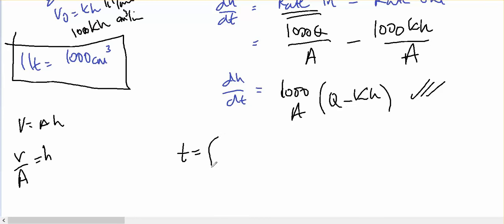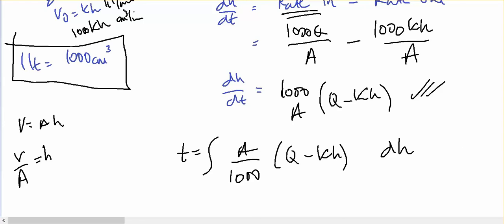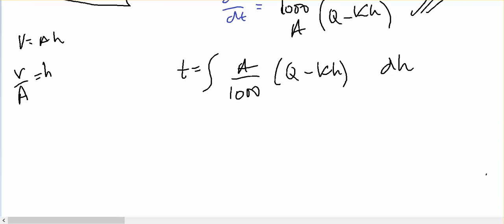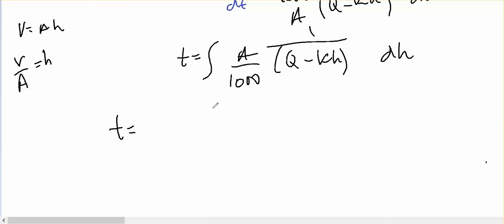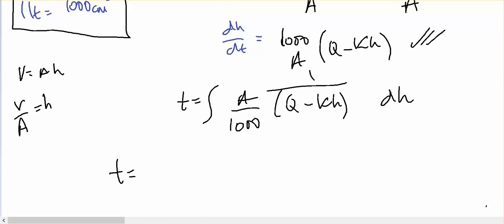So T should be the integral dH of A on 1,000 times one on Q minus kH, which means T will equal, I need in the numerator a negative k, therefore I need a negative k down there.